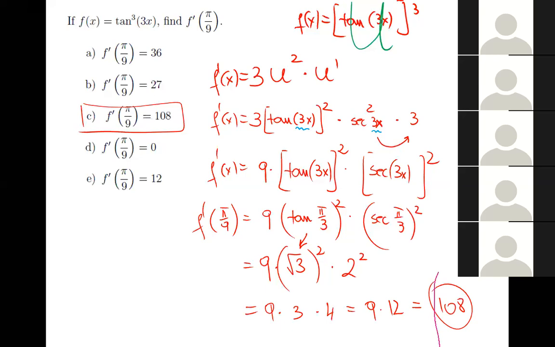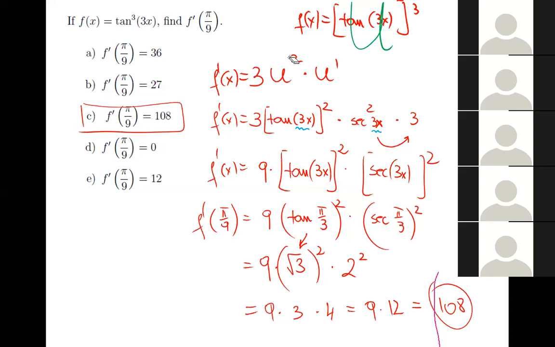You can check section 2.4, all of the 6 functions and of course their derivatives. Always think about the chain rule and the power rule, which is like u to the power of 3, 3u squared.